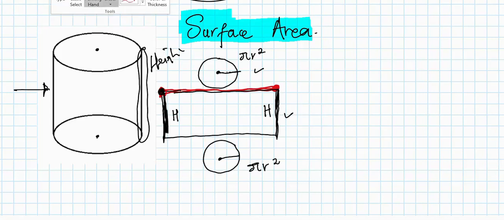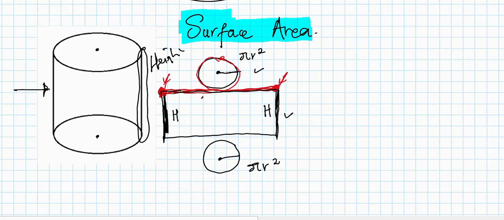Now, the distance from this point up until this point, when we roll it together, it forms this distance of a circle. What do we call this distance of a circle? That's the circumference, right? So if from here up until there is the circumference, it means to find the distance from here up until there, we have to use the equation of the circumference.